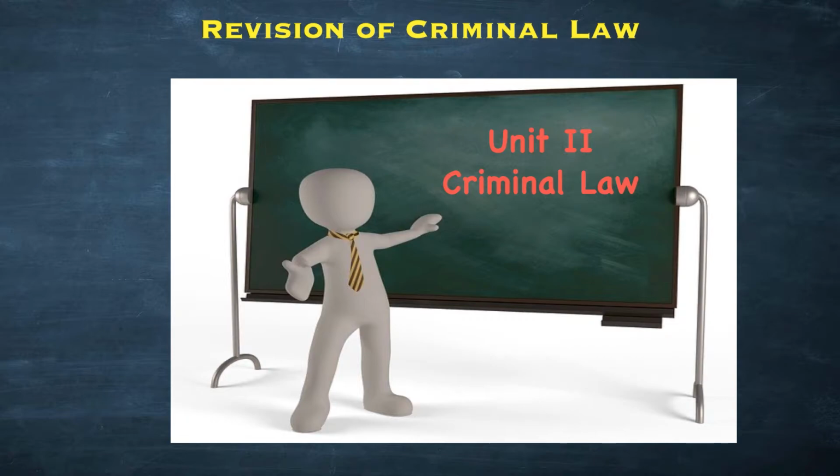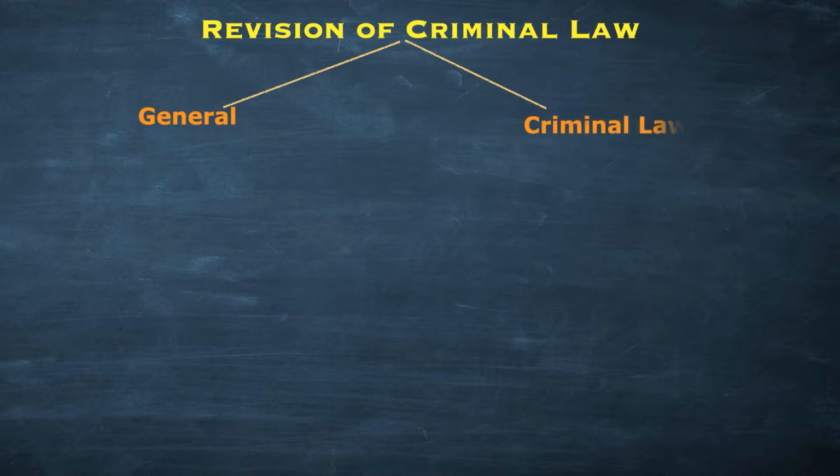So let's begin with the topic and its structure. Our topic is primarily categorized into two parts. The first one is the general meaning of criminal law and the second one is criminal law in India.